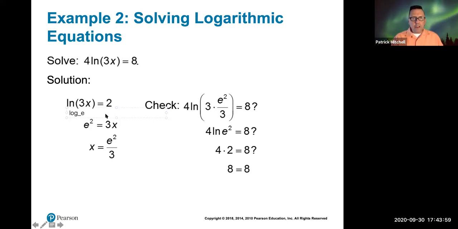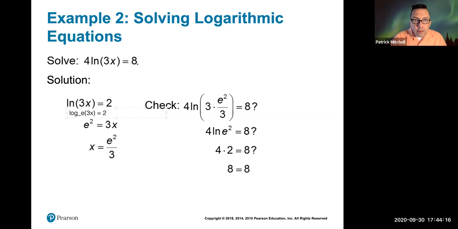I don't know how to do subscript on this Zoom typing thing. So log base e, and that might help you figure out how to write this logarithm in exponential form.